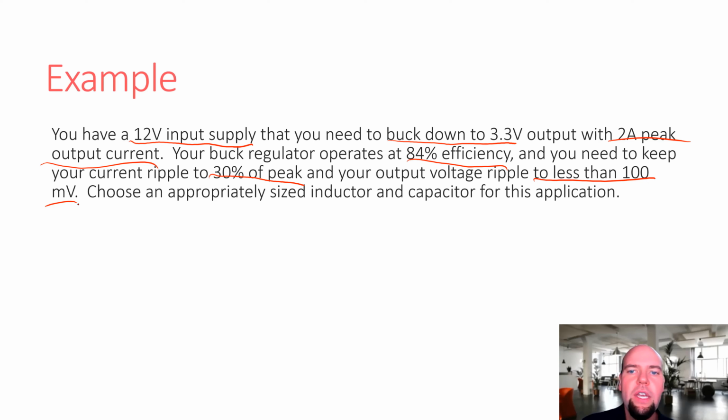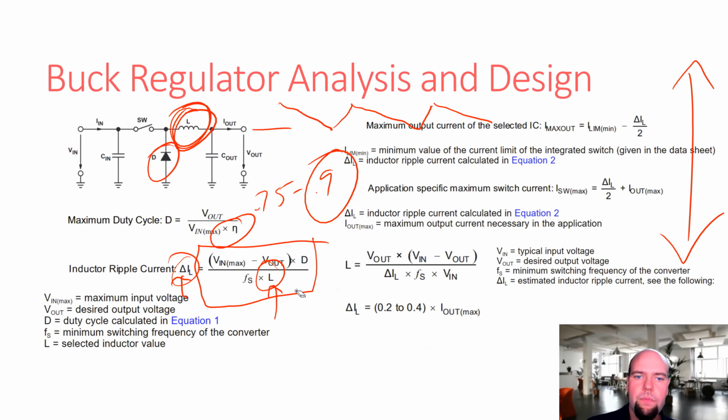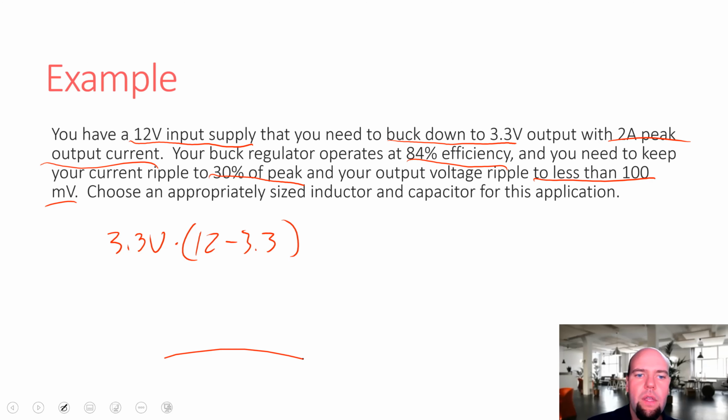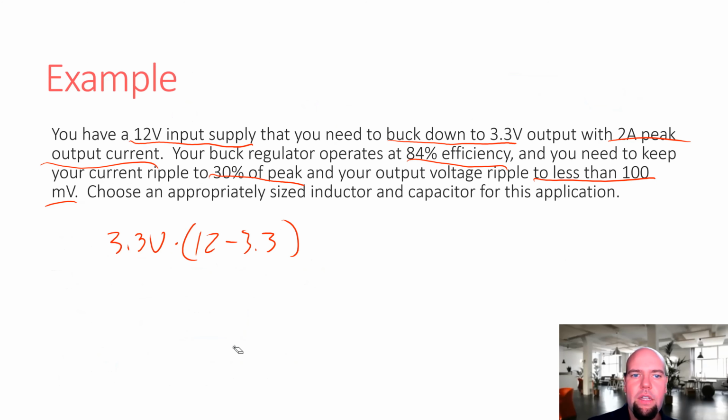All right, first thing we're going to do is go to the inductor. Going back to this equation here, the inductance is going to be V out times (V in minus V out). V out was 3.3 volts times V in minus V out, that's 12 minus 3.3, divided by delta IL times frequency times V in.